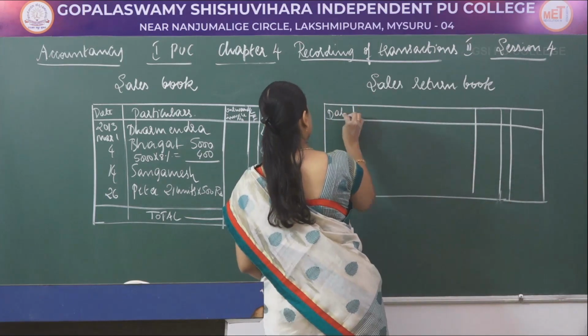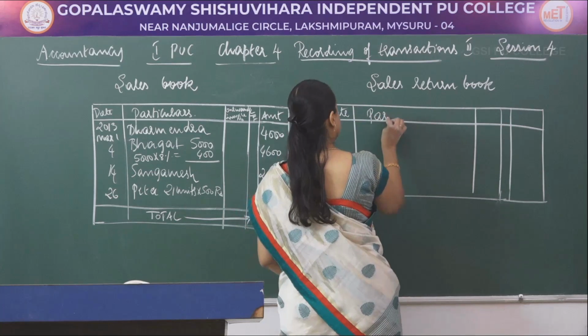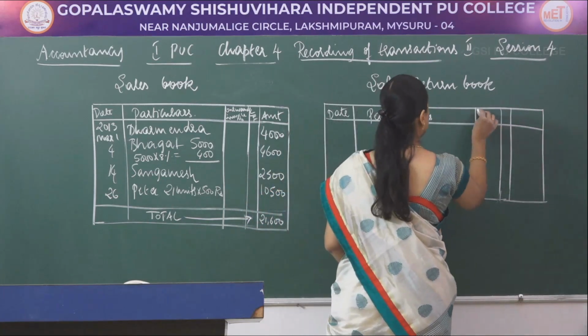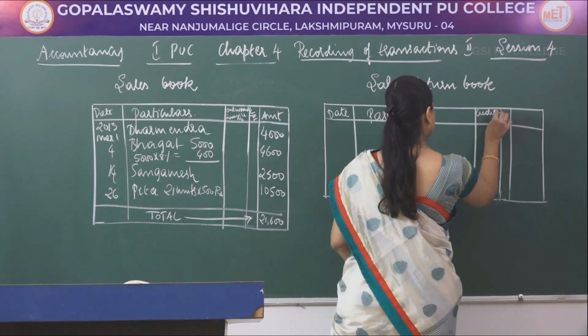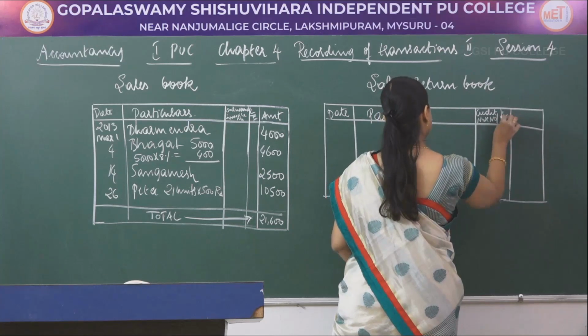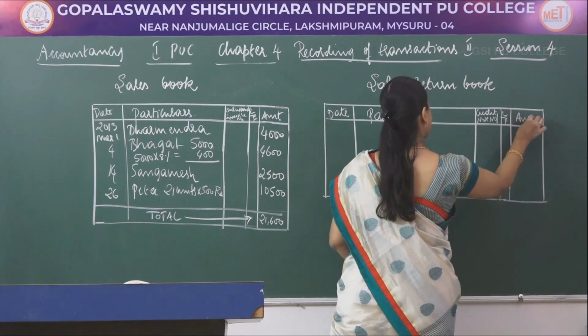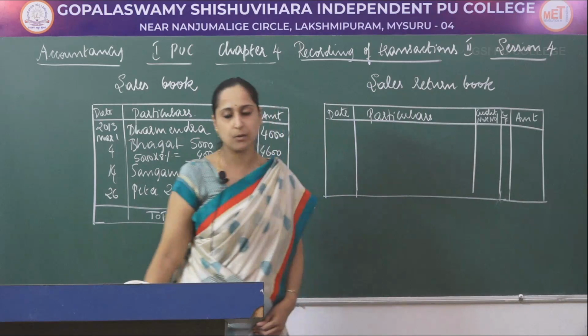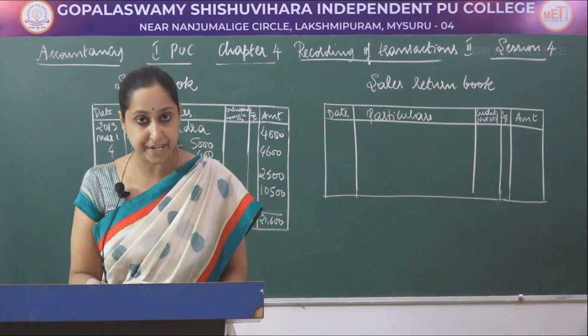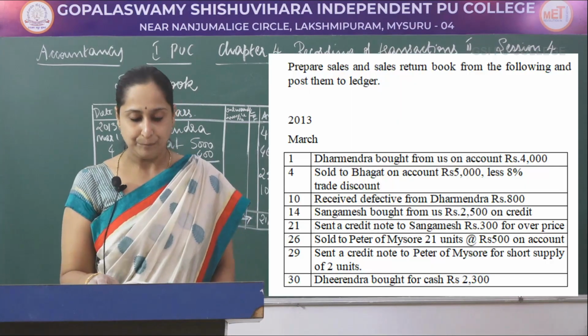Here we have to write date, particulars, credit note number, ledger folio, and this is amount column. So now let us look into the problem and try to analyze what are the transactions which you have to enter in sales return book.